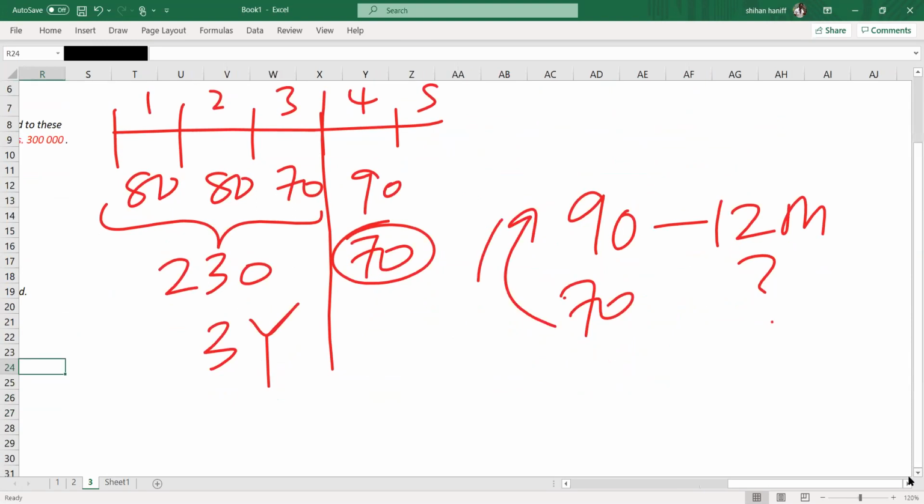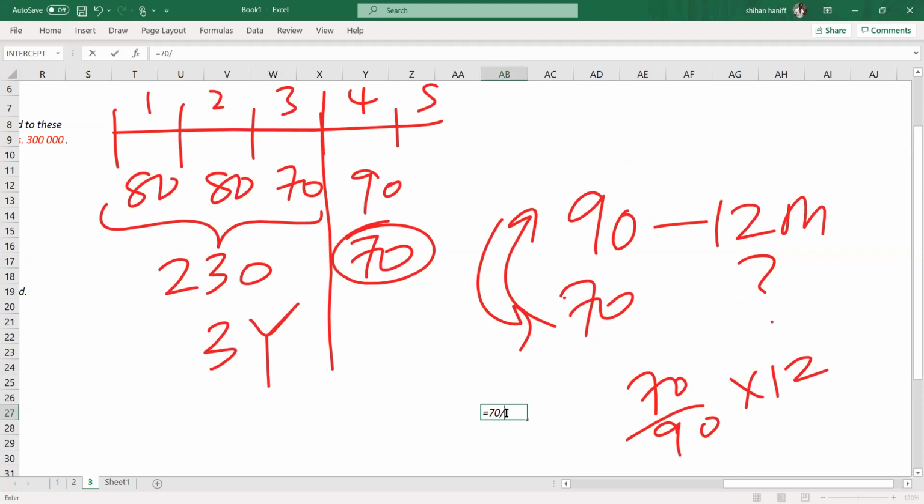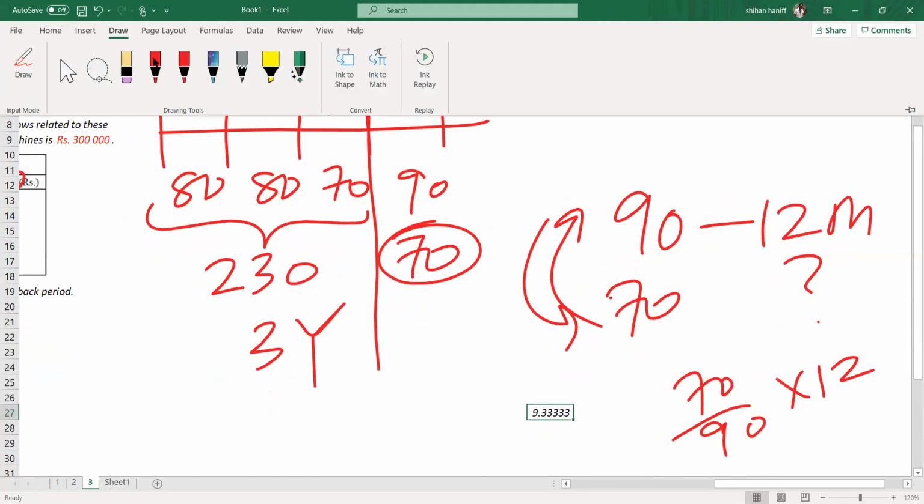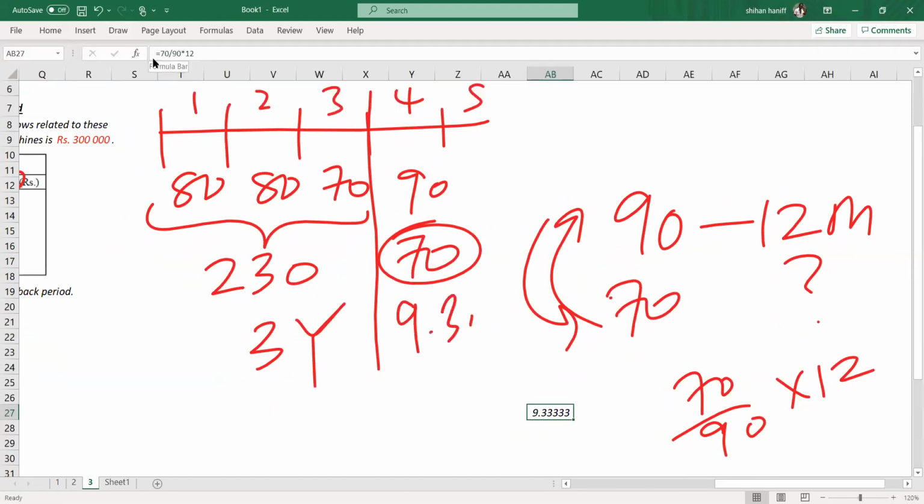So cross multiplication: 70 over 90 into 12. 9.3 months. You can take 10 months, that is also fine. 9.3 or 10 months is also fine.